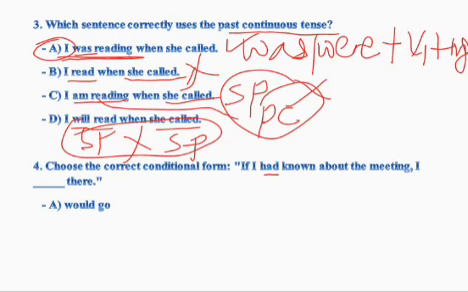We have "had," and we have verb 3, "known," about the meeting. So that is had plus verb 3. This is the given in the if clause. In the if clause we have had plus verb 3, so what would the conditional clause be? This is the if clause.